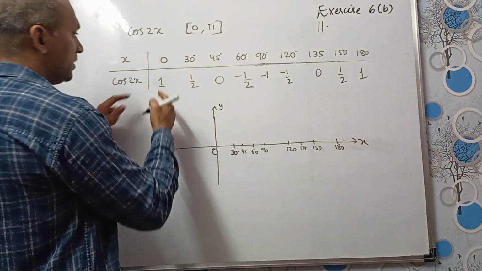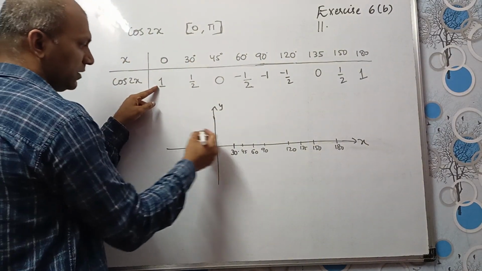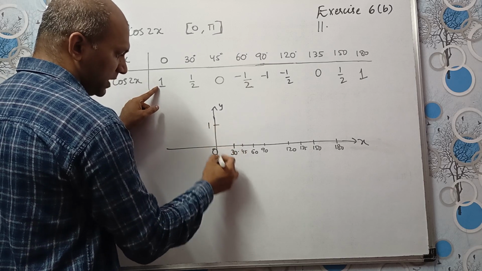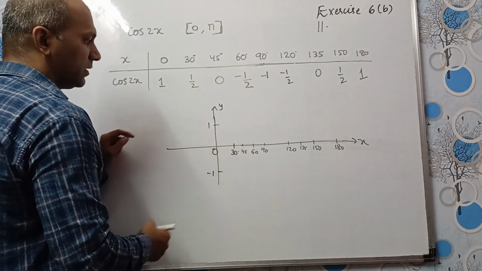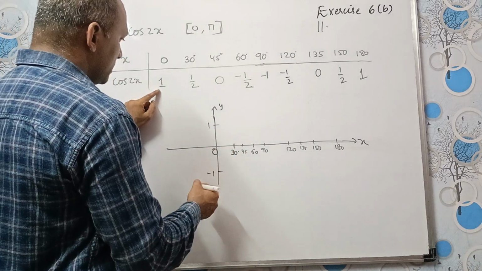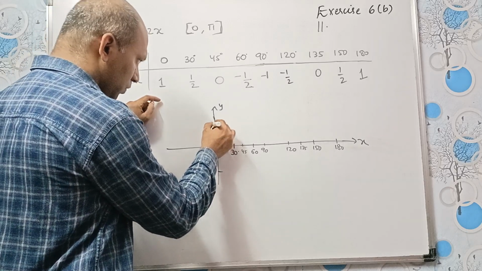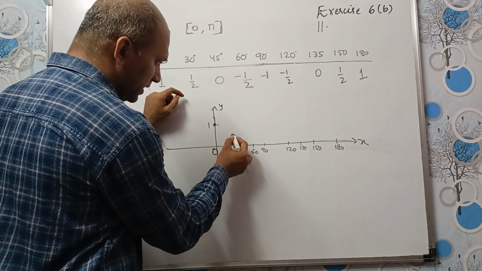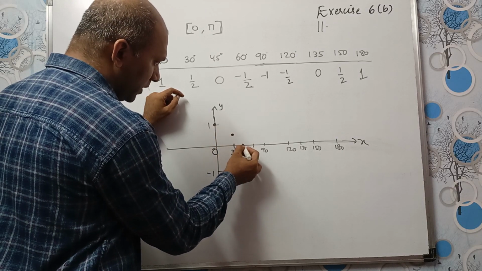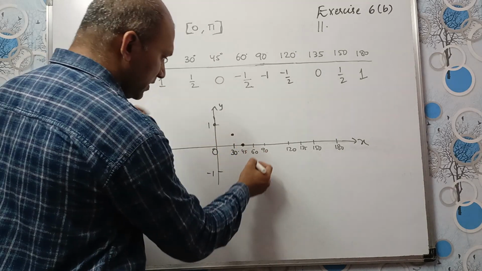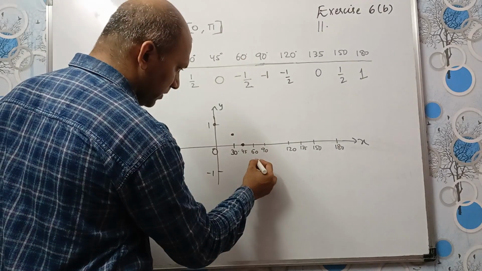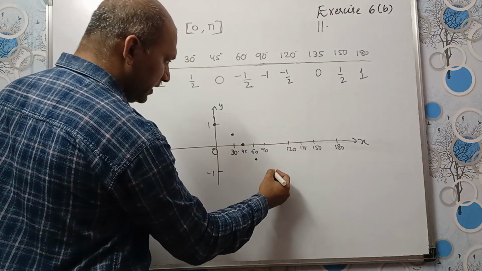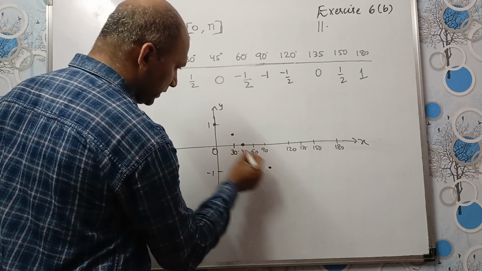What will be the values of y if you take this as y? Maximum value will be +1, minimum value will be -1. Cos 0 is 1, 30 is 1 by 2, see, 1 by 2 is here. 45 is 0, 60 is -1 by 2, -1 by 2 will be here, 90 is -1, like this, right?